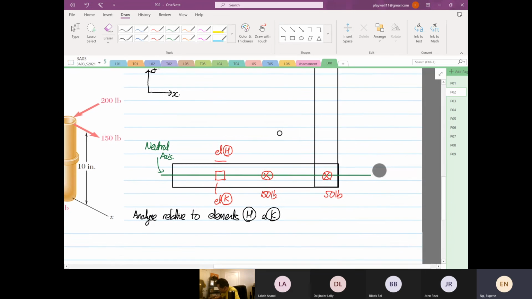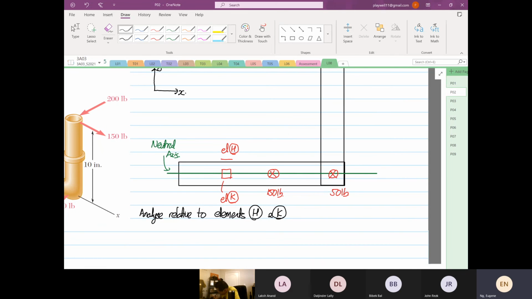It's going to induce a normal stress equal to 150 pounds, and it's going to be in tension. You just put bracket positive, which is in tension. So this over here is your axial load.